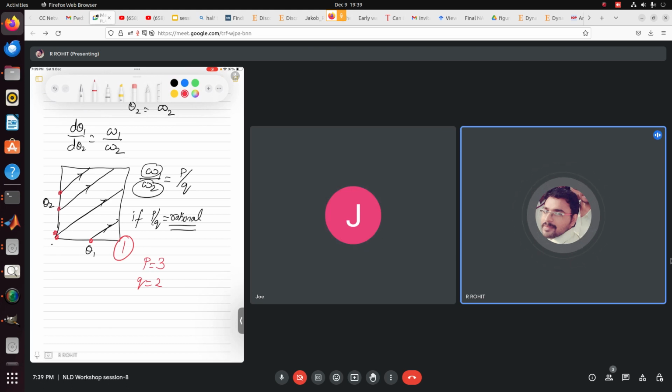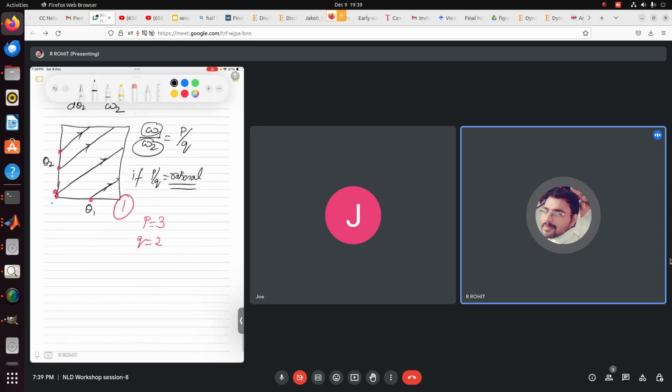Now an important theory which people came up with was, what happens when your frequencies omega 1 by omega 2 is not rational, say it is irrational. That means P by Q is not equal to an integer value, it now has some decimal points.